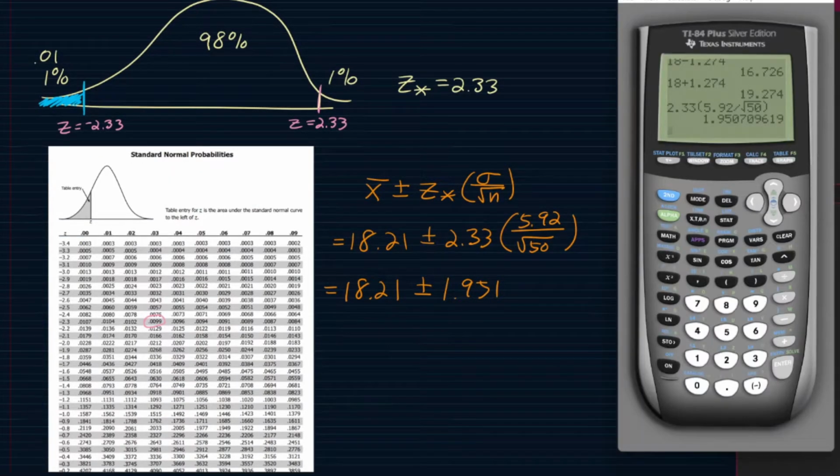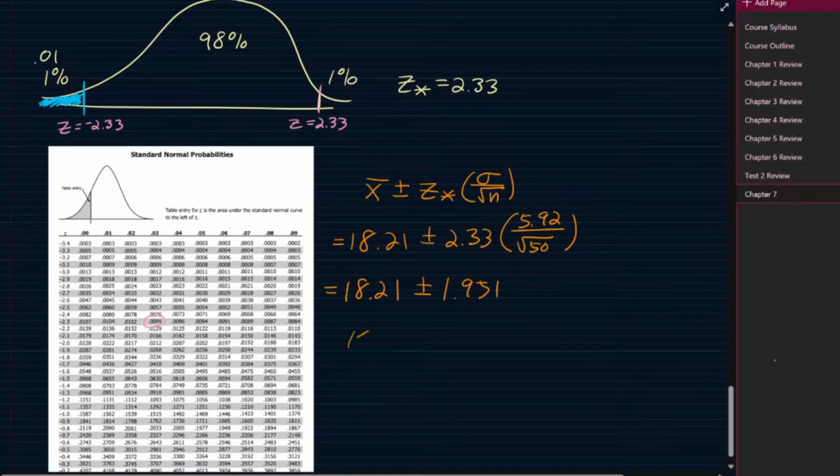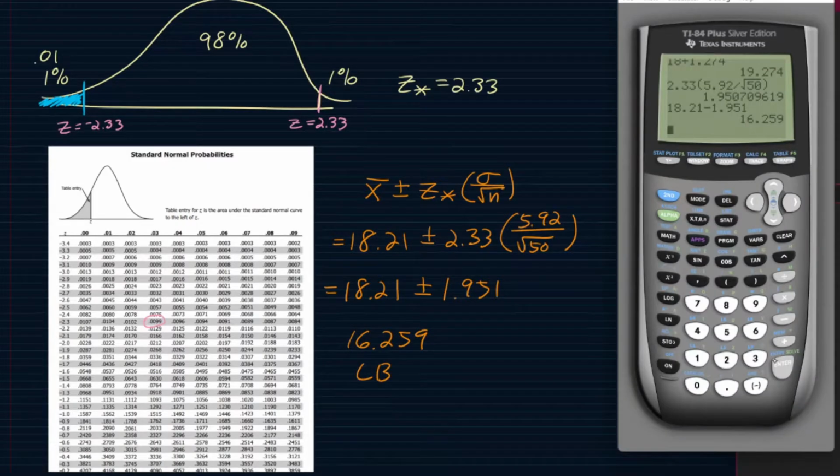The lower bound ends up being 16.259. And our upper bound, 18.21 plus 1.951, gives us 20.161.